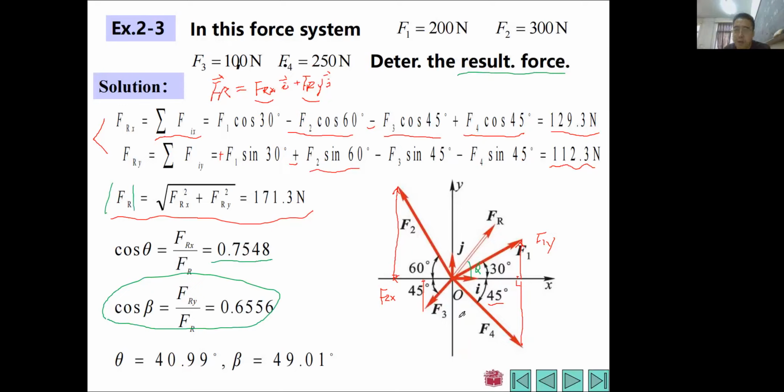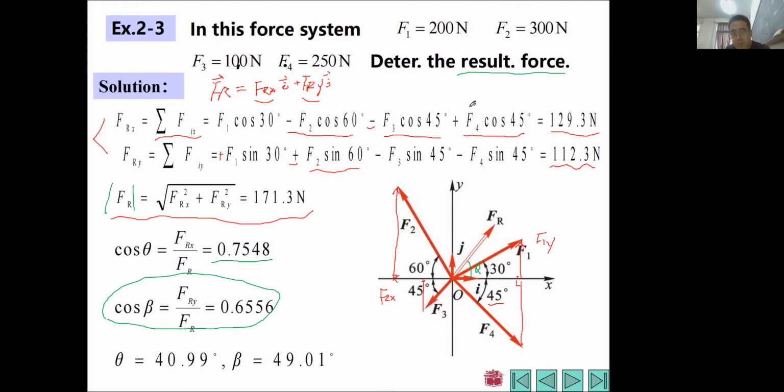So I think you guys should pay attention to this important concept. This concurrent force system has 4 forces from F1 to F4, right? But we can use this so-called analytical method to find a single FR with a given magnitude and a given direction.